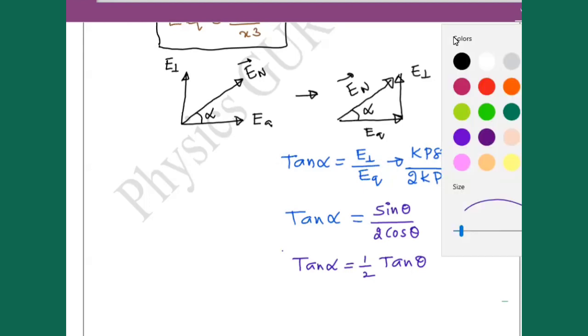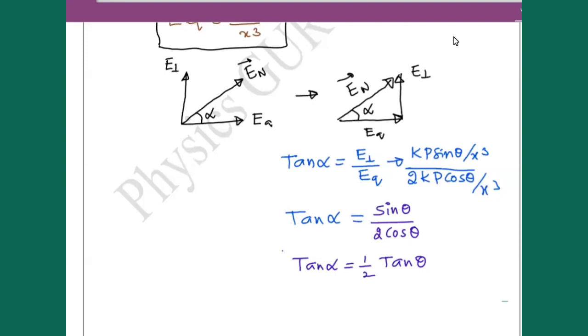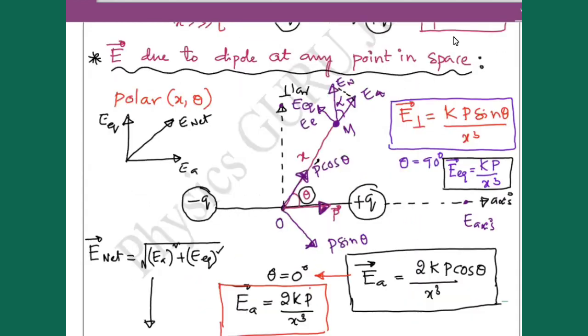Hope it is clear now. So this is the relation between tan alpha and theta. If we ask from the dipole moment how much it is inclined, you can see the inclination is theta plus alpha.